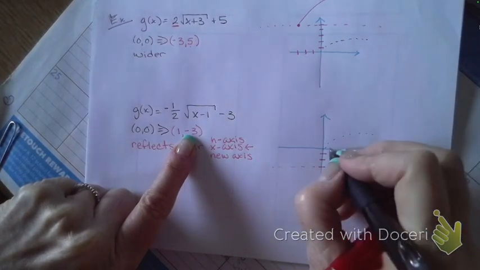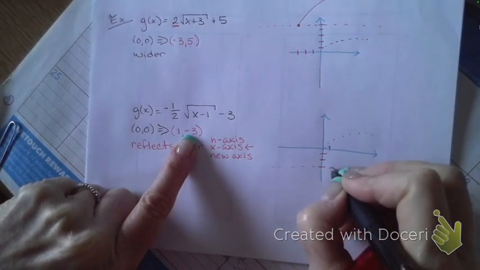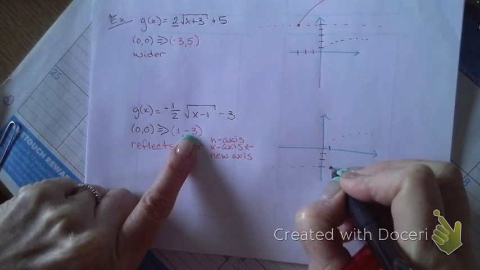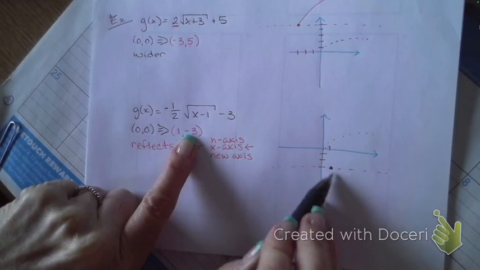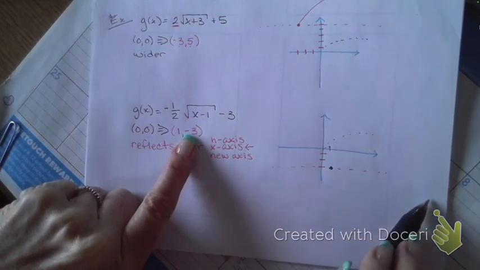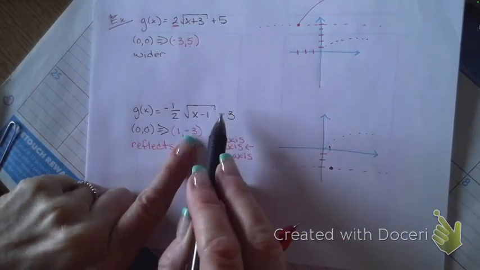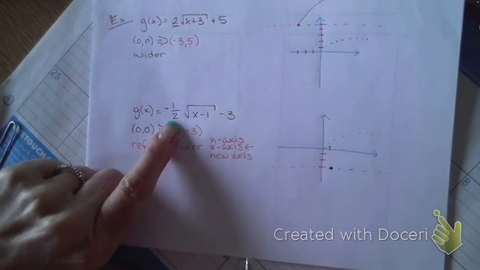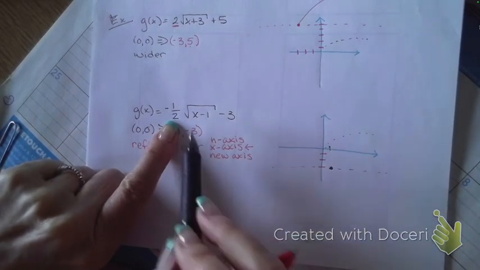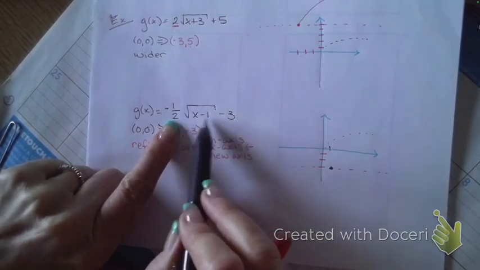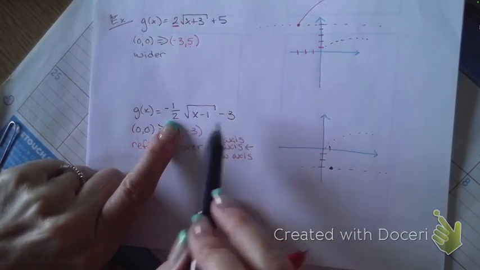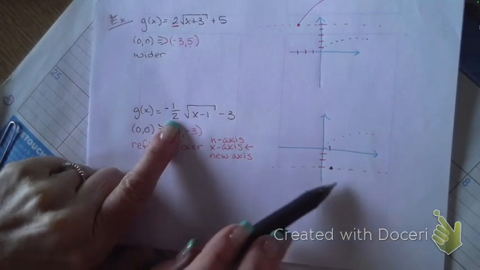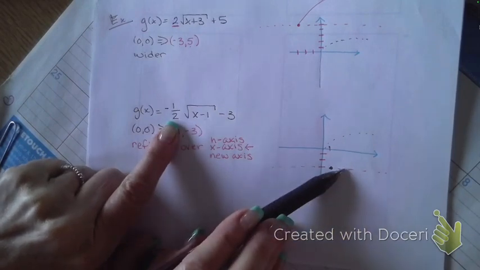And we're moving the starting point to here. And it's reflecting here. But after I do everything, I'm going to take half of whatever results here and then subtract 3. So would that draw it closer to this axis or pull it further away?